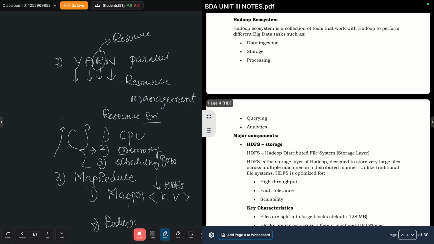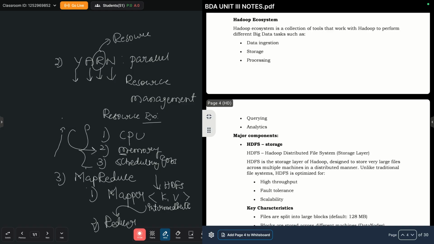So K stands for key and V stands for value. So these key value pairs are also called intermediate results. So the intermediate results are in the form of key value pairs. So this is given as input to the reducer.